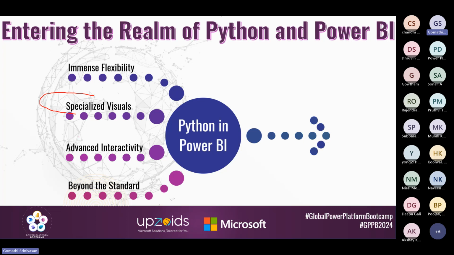You can also create visuals that react to user input or integrate with other elements of your Power BI dashboard. With Python, you can transcend the limitations of Power BI's built-in visuals and achieve visually stunning results. That is why we need Python here.